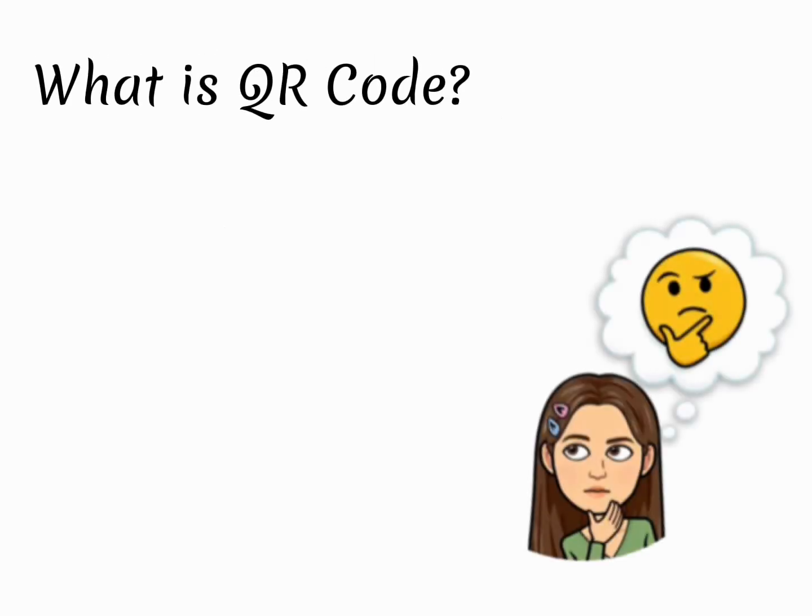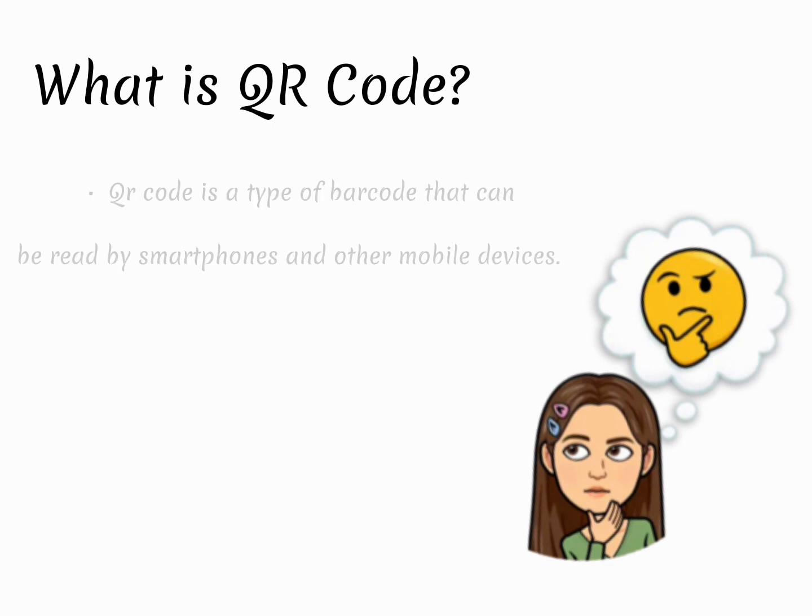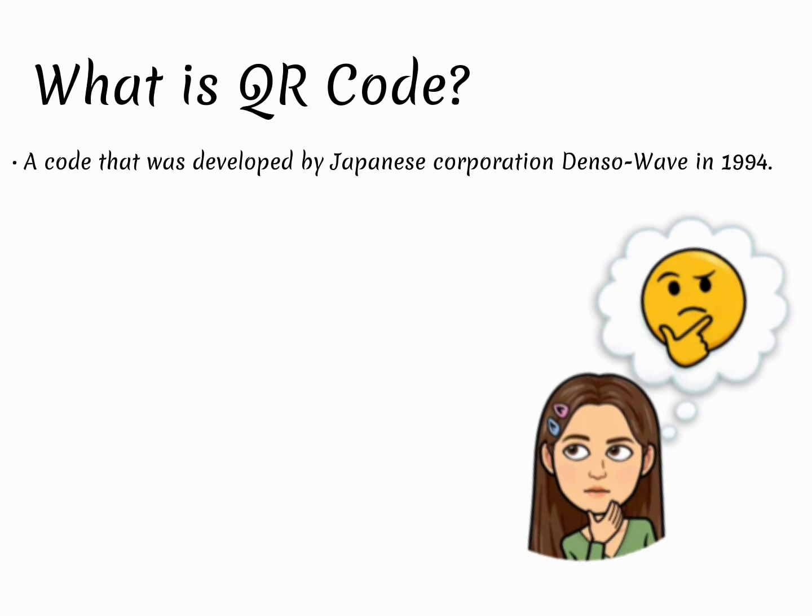What is QR code? QR code is a type of barcode that can be read by smartphones and other mobile devices. QR code was developed by the Japanese corporation Denso Wave in the year 1994. QR stands for quick response, and the codes contain information that allows a device to connect to the information encoded in them.